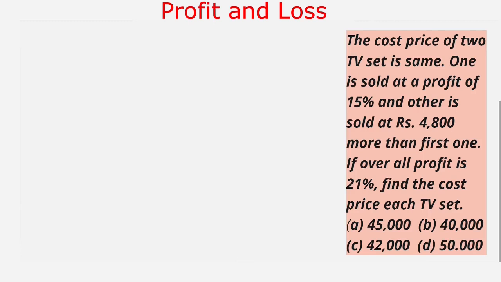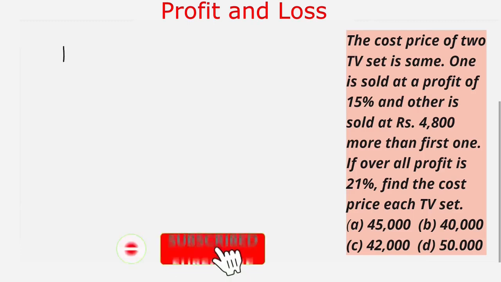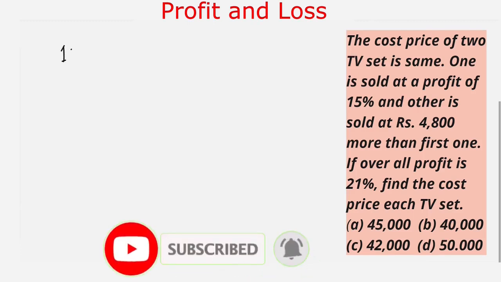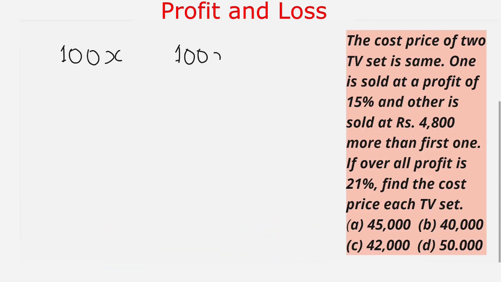We solve the question as each TV set has the same cost. So we assume both have the cost 100x each. Then total cost is 200x. The first has the profit of 15%, so it is 15x, and the second is sold at 4,800 more than the first one, so it has the profit of 15x plus 4,800, and the overall profit is 21%.